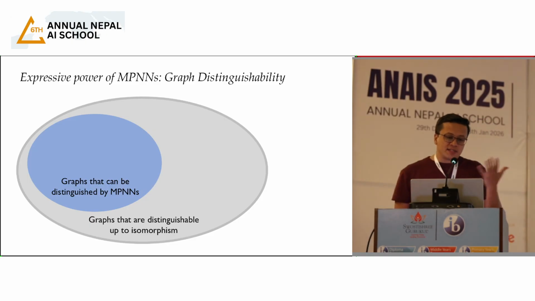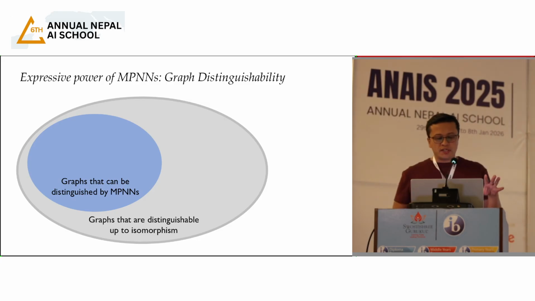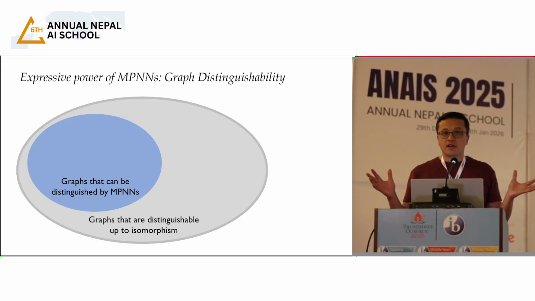And how does this relate to the classical notion of expressive power in neural networks? Because here, in this context, we are discussing graph distinguishability. Ideally, what we want to do is be able to distinguish all graphs up to isomorphism. This would be amazing. So whenever they are isomorphic, I map them to the same output. Whenever they are non-isomorphic, I map them to distinct outputs. This would be great.